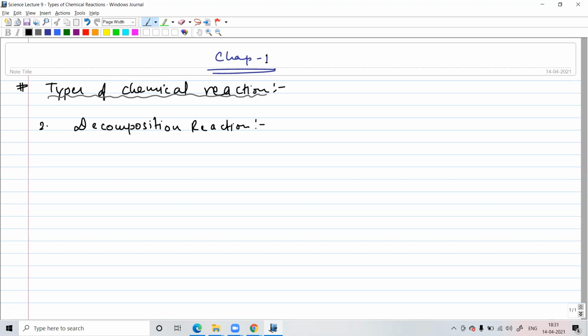What would you write if this comes in an exam? How would you define decomposition reaction?